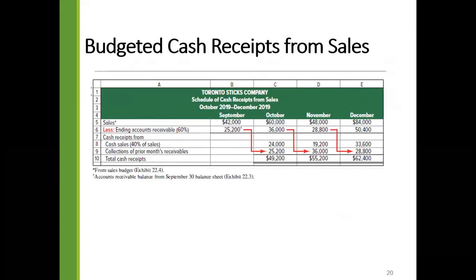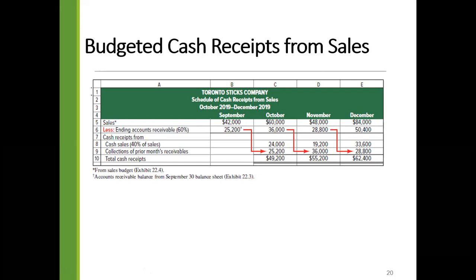So based on that sales budget, if we think in October we're going to have 60,000 in sales, but only 40% are for cash and 60% are on credit, then we take total sales minus the customers that pay on credit. That gives us cash sales. What's left over is the people that paid cash, right?